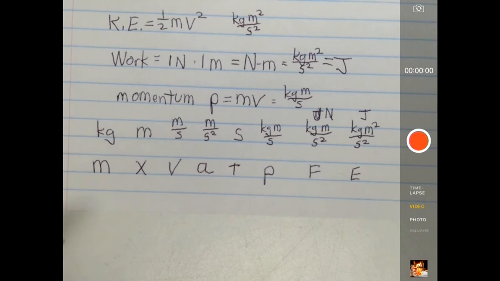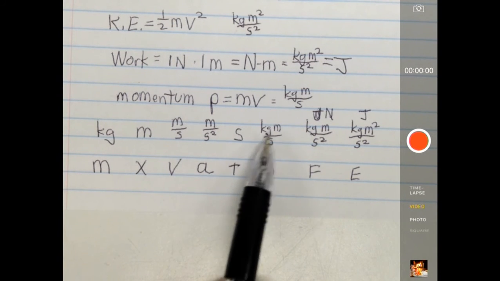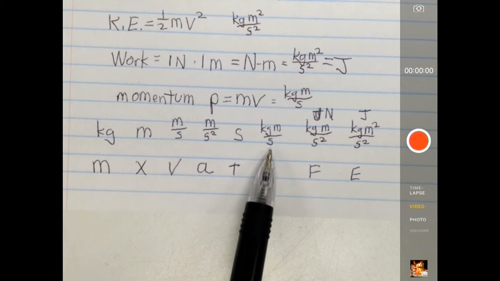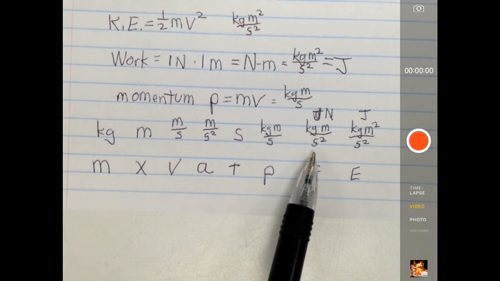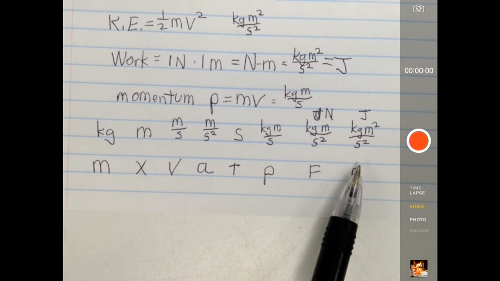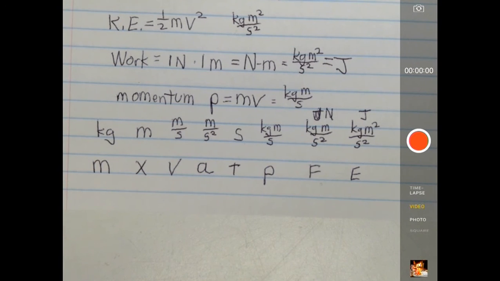Wow. Okay. So what's happening is today you get this new one, kilogram meters per second. Don't confuse it with kilogram meters per second squared or kilogram meters squared per second squared. These are three different meanings. They're not the same thing. They just are very similar.